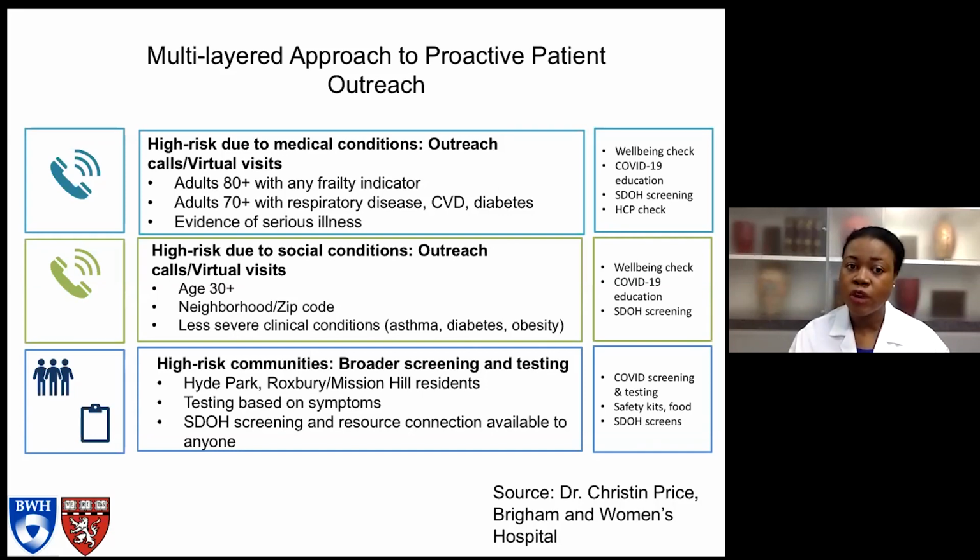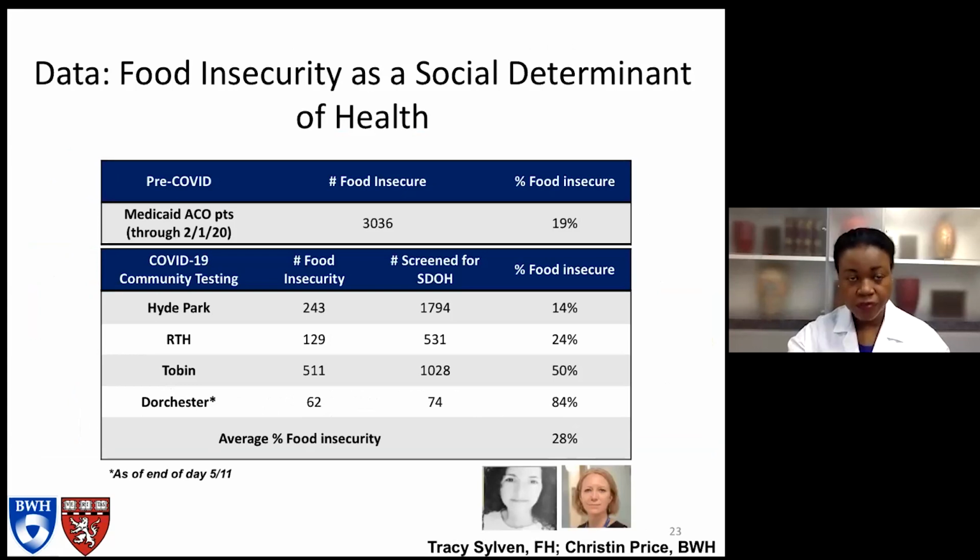So those who were age 30 and older, but who lived in a zip code or who had clinical conditions that were early on associated with susceptibility to coronavirus infection. Additionally, phone calls were made to high-risk communities and testing sites were put in place to make sure that our patient populations and our surrounding communities had access to coronavirus testing, as well as equipment needed to shelter in place and to prevent infection.